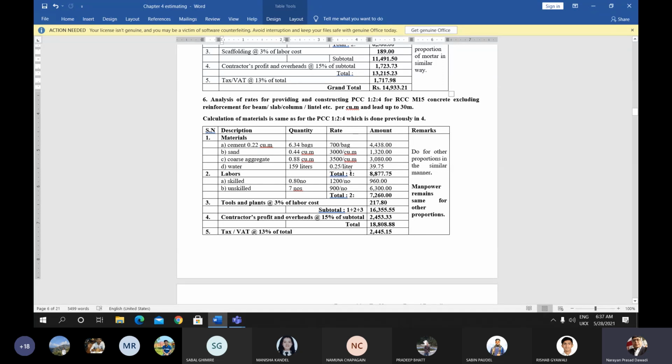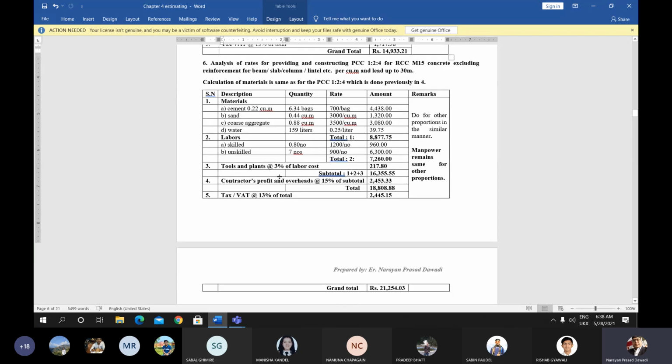Now, skilled manpower rate is 1200 and unskilled rate is 900, according to which the total labor cost will be 7,260 rupees. Now, tools, plants, and equipment can be taken as 3% of the labor cost, as 217.80 rupees. Now add all these headings 1, 2, and 3.